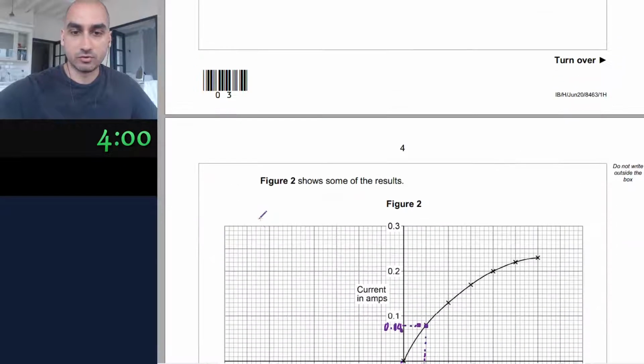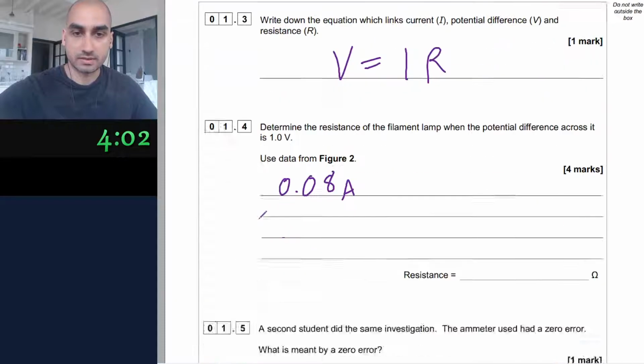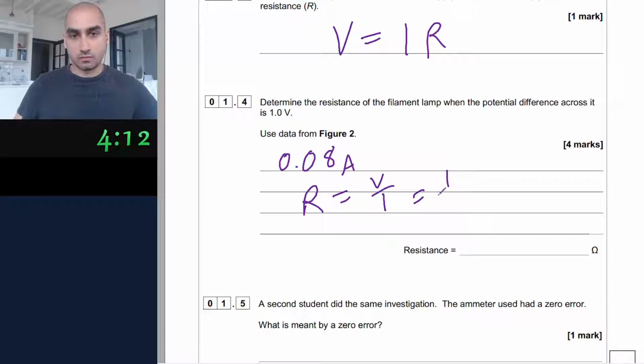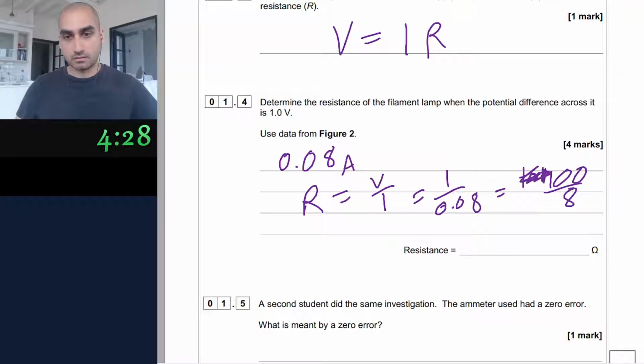Is that amps or milliamps? Normally it's... Oh, okay, it's amps. Right. So R equals V over I equals 1 over 0.08. Okay. I mean, that would be 100 over 8 equals 12.5.